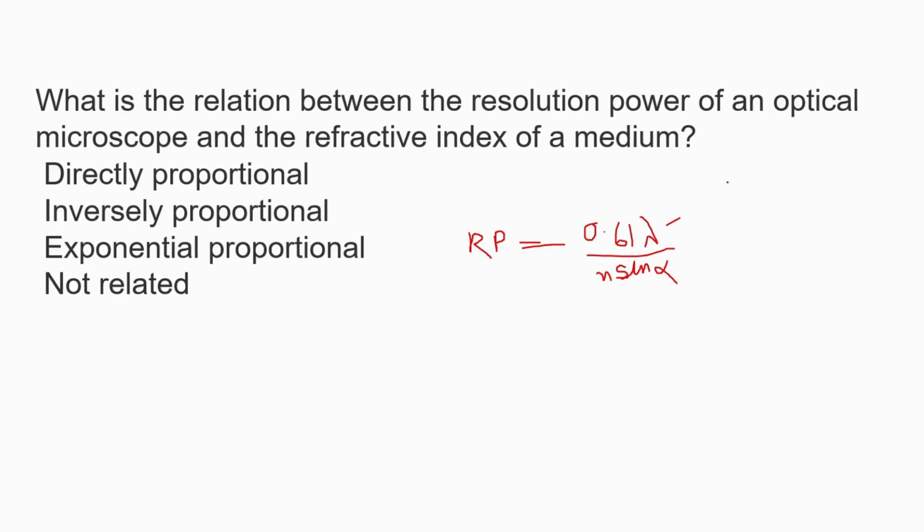So here lambda is the wavelength of the light and n is the refractive index of the medium. So you can clearly say the resolution power is inversely proportional to the refractive index. So the second option will be the correct answer, inversely proportional.